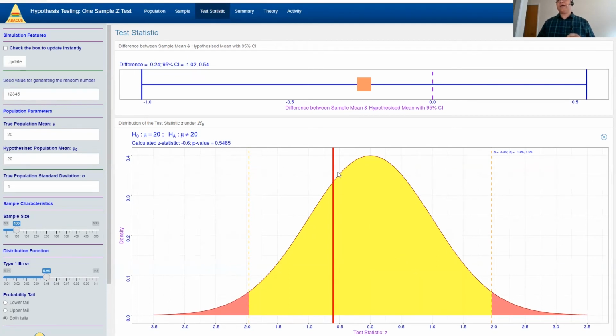And then we see where my observed statistic lies. If the observed statistic is very extreme, that means we have evidence against the null hypothesis, because there's a very small probability that the null hypothesis is true. And then, of course, we mentioned that the confidence interval is an important way of presenting your results.